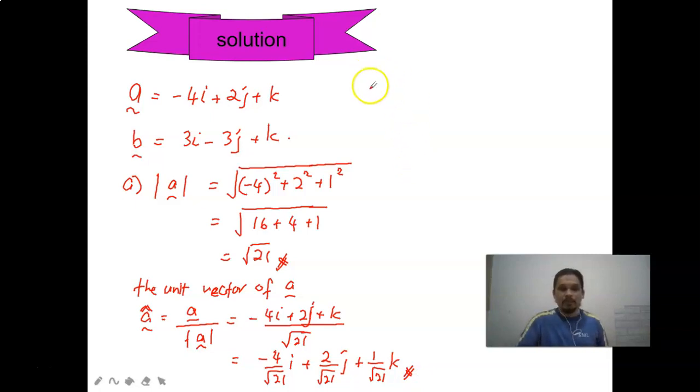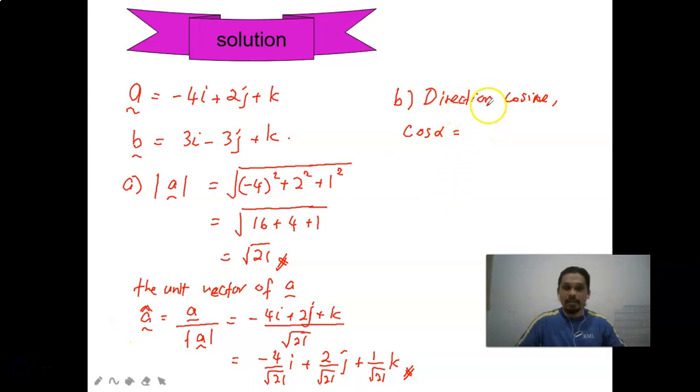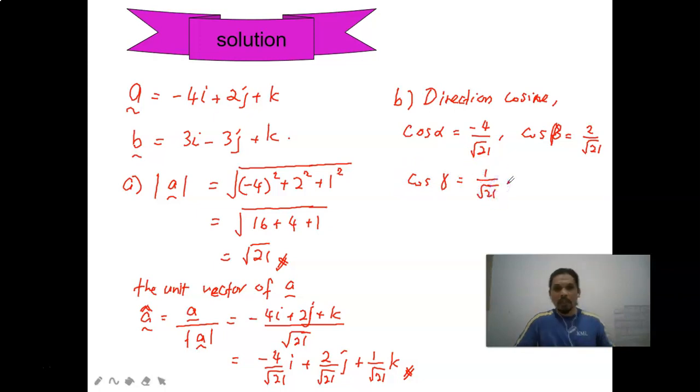Okay, then for question B, please refer to the lecture notes on the direction cosine and direction angle of vector A. So the direction cosine of vector A: cos alpha equals negative 4 divided by square root of 21, cos beta equals 2 divided by square root of 21, and cos gamma equals 1 divided by square root of 21.